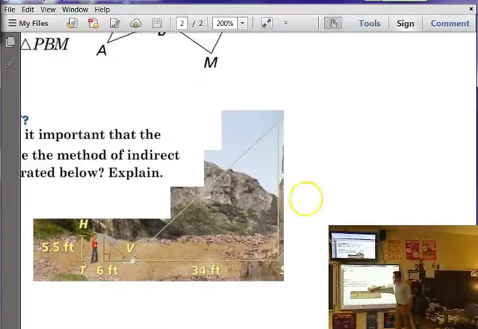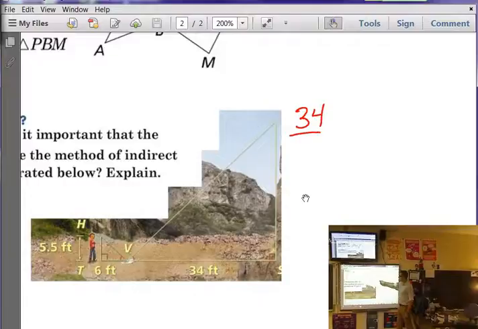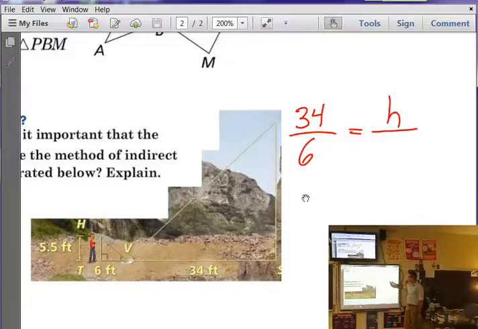So we can set up our similarity ratio. 34 over 6 will be the same as... we could reduce this, but I have big triangle over small triangle, right? So I should set up H over 5.5. Just do your big triangle over small triangle.